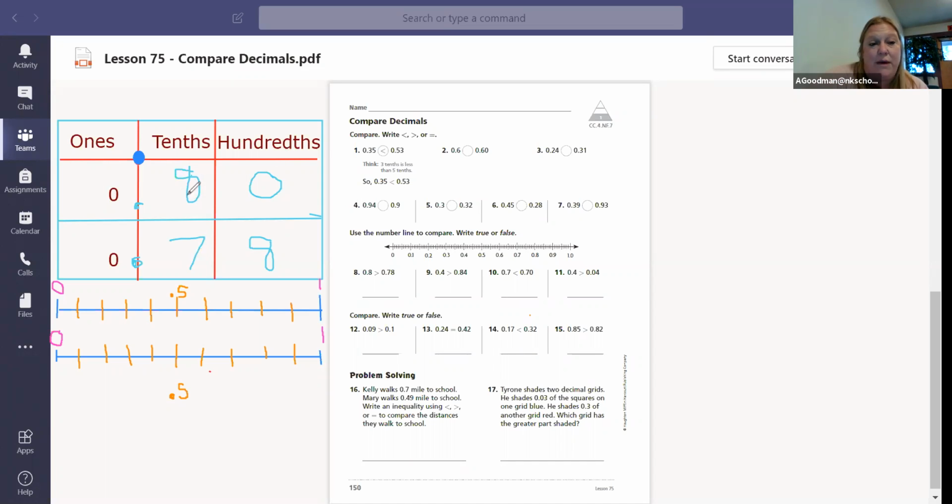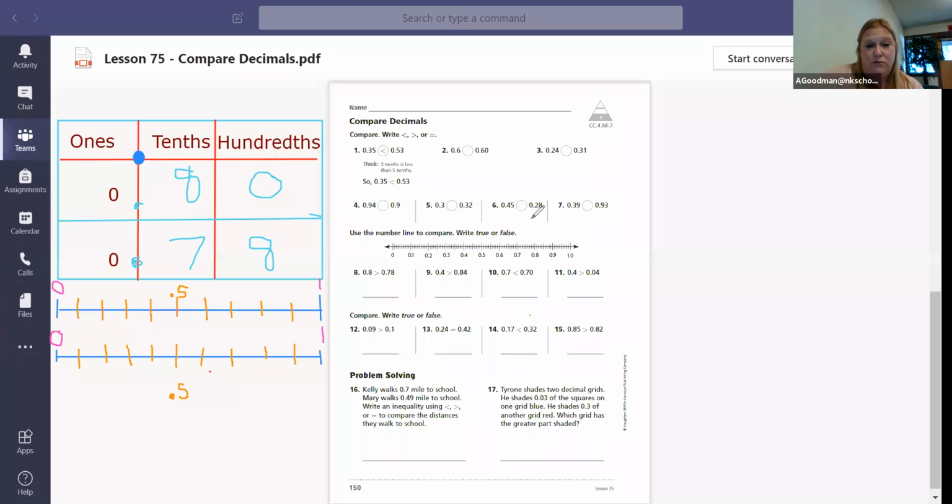That's why you have to go by place value, because 78 looks bigger than 8. But because the 8 is in the tenths place and this one has a 7 in the tenths place, the 8 in the tenths place is worth more. It's like 8 dimes, and this one only has 7 dimes with 8 pennies. So 8 dimes is more. That's 80 cents.